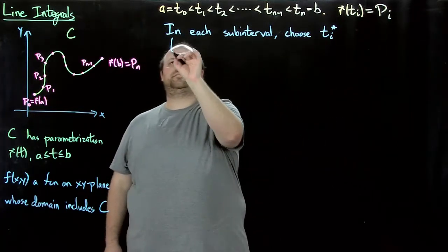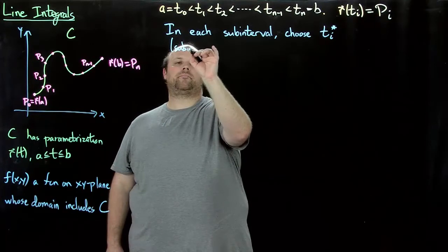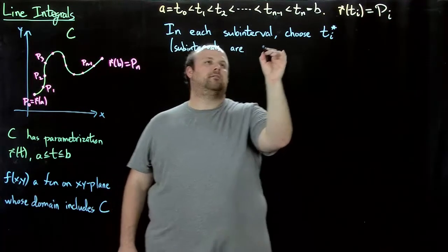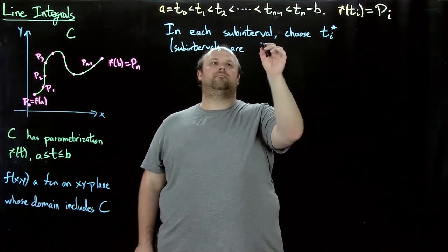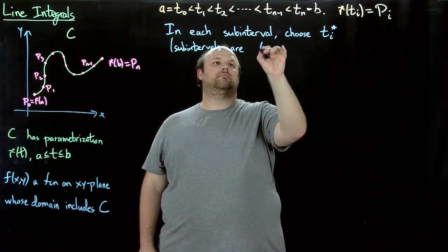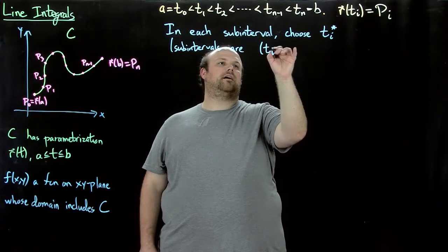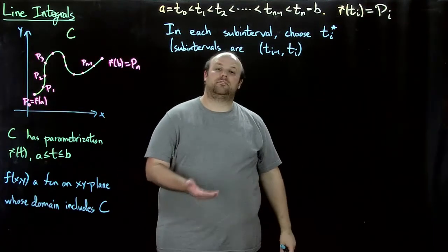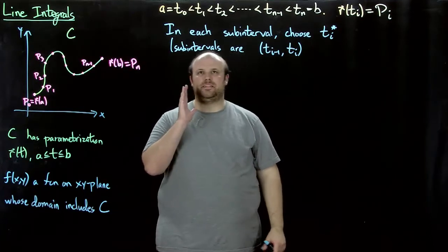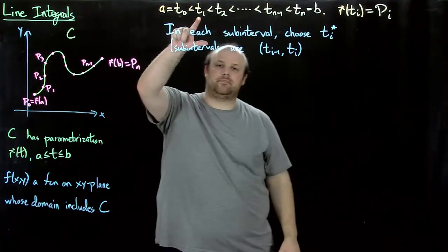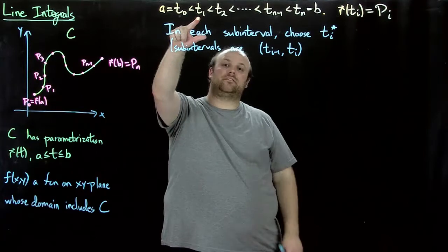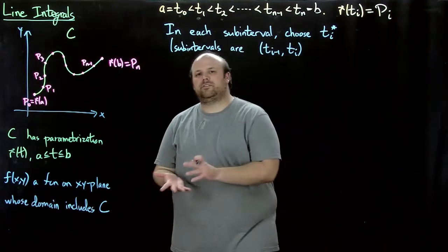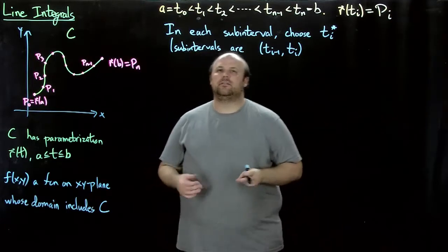The subintervals are ti minus 1 to ti, right? So for example, t1 star is between t0 and t1. t2 star is between t1 and t2, and so on. So we'll have t1 star through tn star, right?